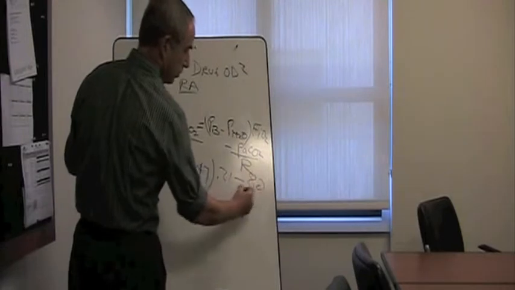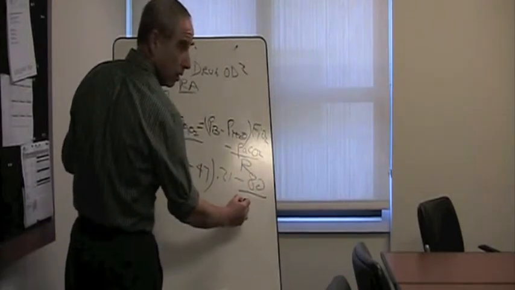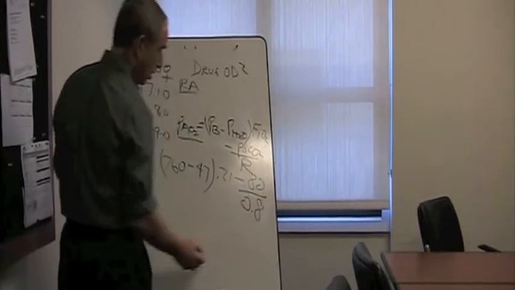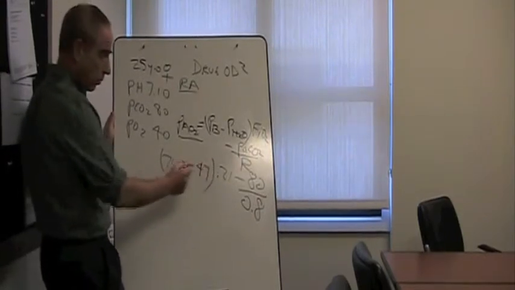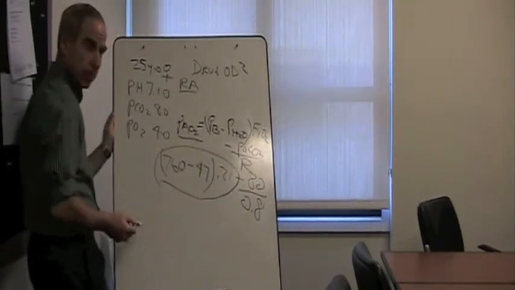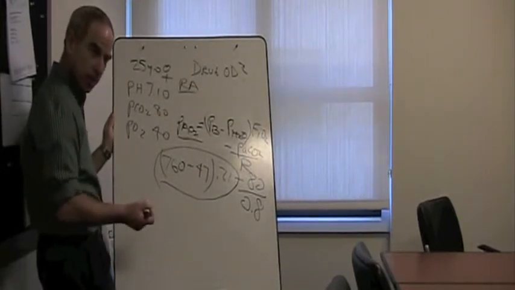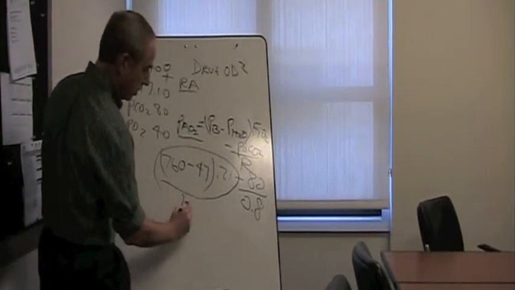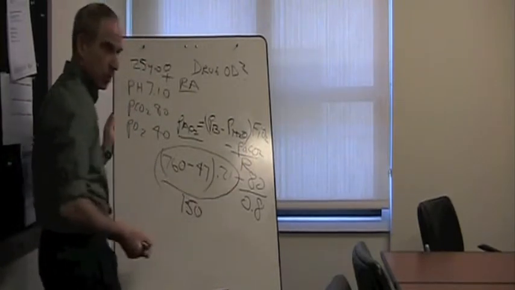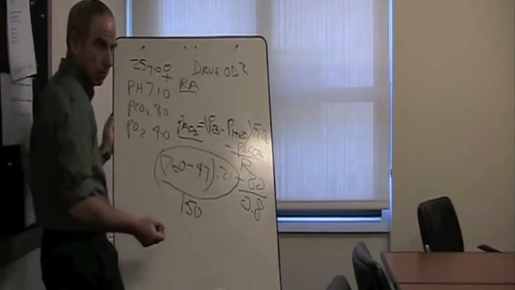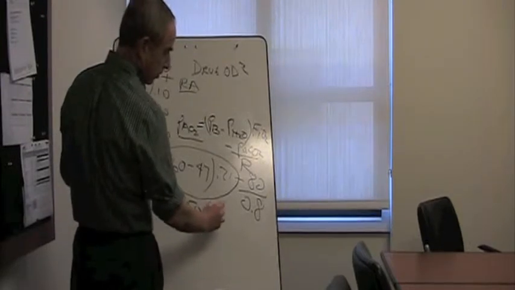And what's the respiratory quotient? 0.8. Okay. So when you multiply this term out, you end up with 150. That's where your 150 comes from. And then what's 80 over 0.8? It's 100.